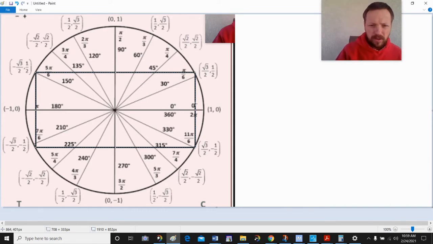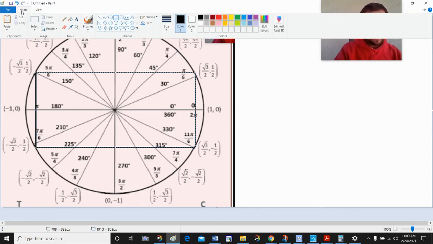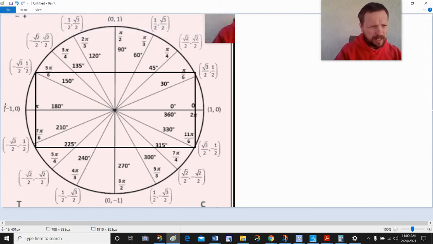It connects all those points. All of these corners are pi over 6, pi over 6, pi over 6. And for the coordinates, the x and the y, the absolute values of each are the same: radical 3 over 2 and 1/2. As long as you understand how the coordinate system works, which is actually lacking from here, and I think they should include it, this is the x-axis, and this is the y-axis.